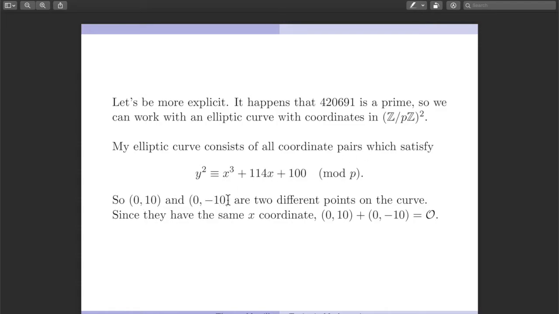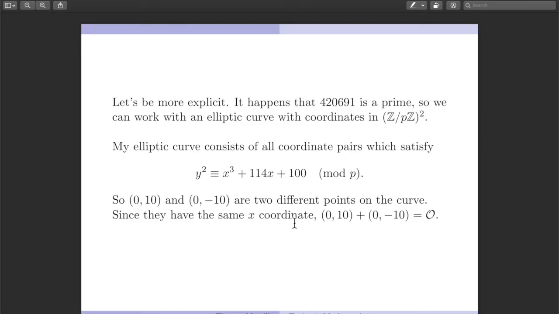Now both of these points have the same x-coordinate, and if we were going to graph them in the regular Cartesian plane, 0, 10 and 0, minus 10 are directly vertically apart from each other. A line plotted between them would be vertical. We can still use that logic in this setting.